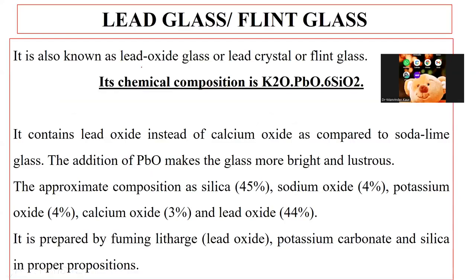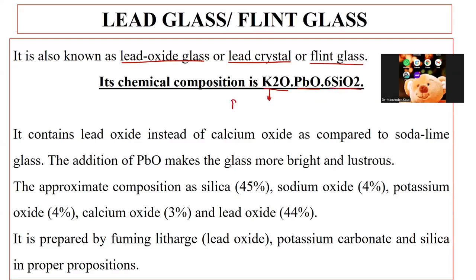Talking about lead glass, as the name indicates, it is lead oxide glass. It is also known as lead crystal or flint glass. Three names are there. If we are talking about composition, the formula is K2O·PbO·6SiO2.